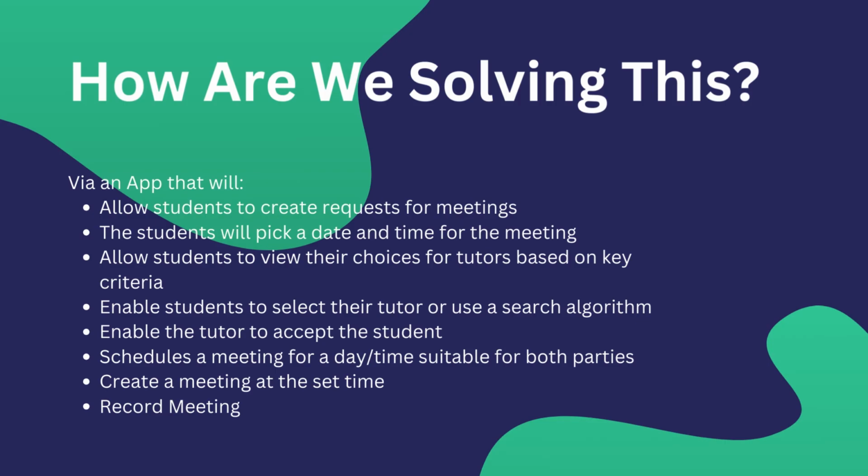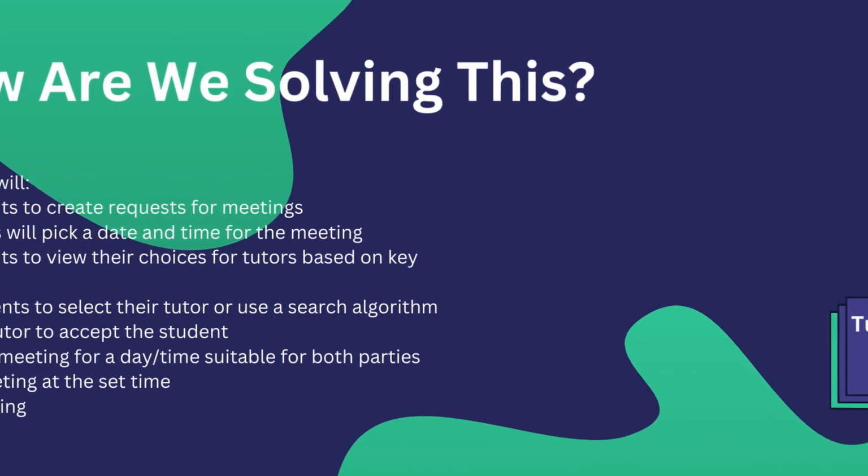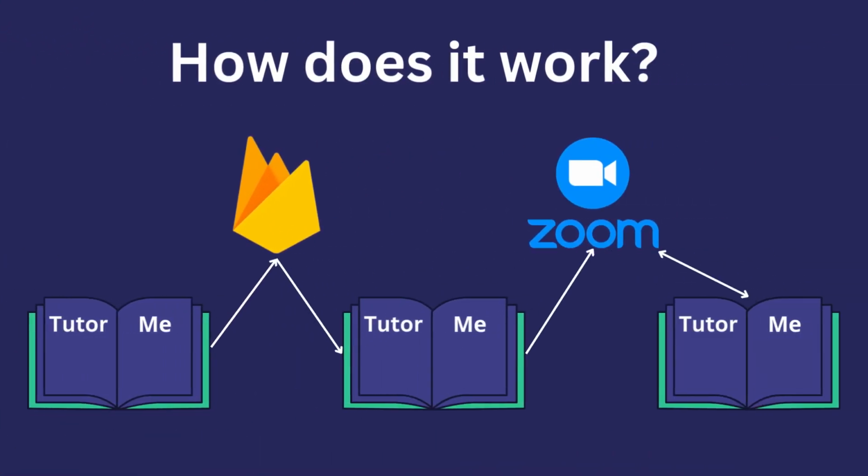The student can also have a wide array of practice worksheets to study from, and the tutors can assign specific ones as optional but beneficial homework. How does this work though? When a student or tutor creates an account with TutorMe, we add them to a database using Firebase.